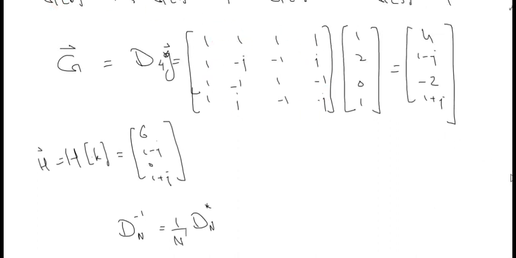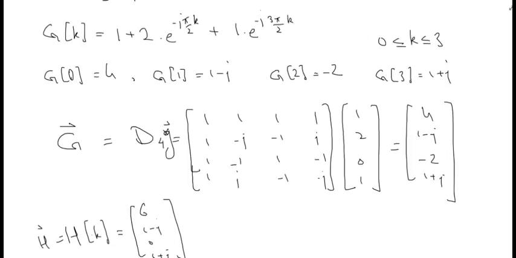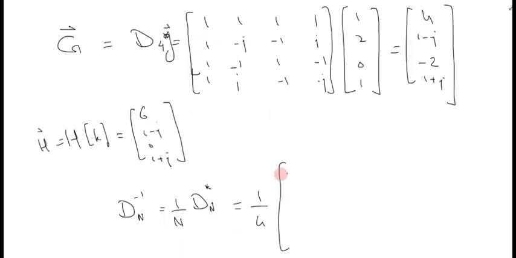If you take its conjugate, it will be equal to 1 by 4 times 1 1 1 1, 1 j minus 1 minus j, 1 minus 1 1 minus 1, 1 minus j minus 1 j.